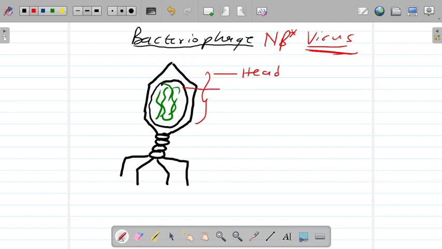And then its DNA will be protected by a protein coat, right? And then inside you'll have your DNA or your nucleic acids. Let's do nucleic acids.